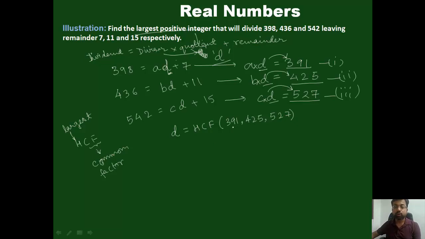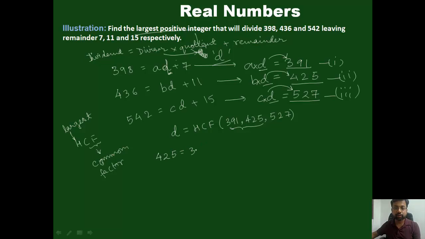We have done the HCF for two numbers. Now we have a problem where we have to find the HCF of three numbers. In such questions, you first take any two numbers, find their HCF, then take that HCF and the third number and find the HCF, and that will be the common HCF. So first take 391 and 425, and use Euclid's division algorithm. This is one of the methods.